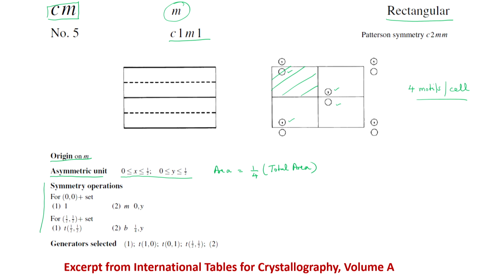It is referring to 0, which is the lattice point at the corner, and this one is half, which is the lattice point at the center of the cell. So, for 0, if I look at the operations, of course, the identity operation will always be there, and then I have the mirror plane as before in the case of the plane group PM. Here, this is the centering translation.